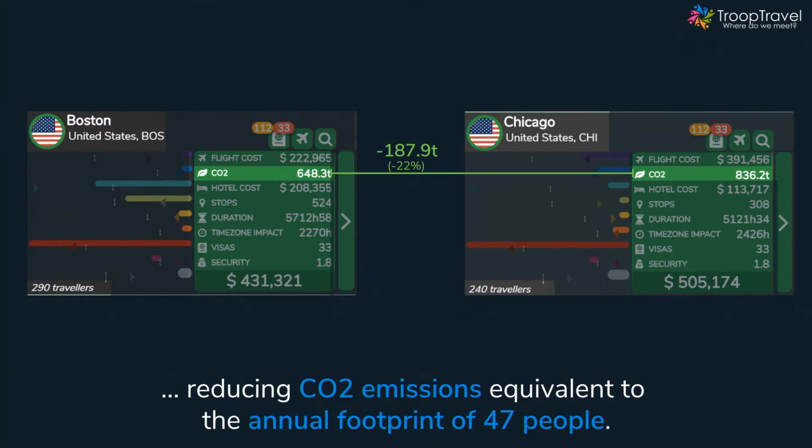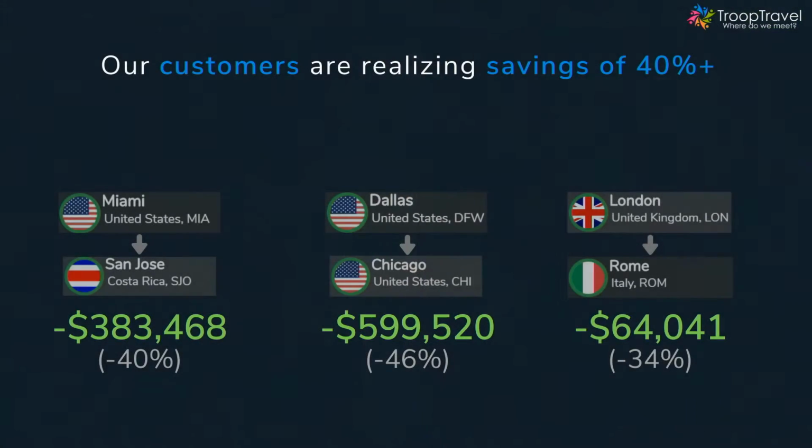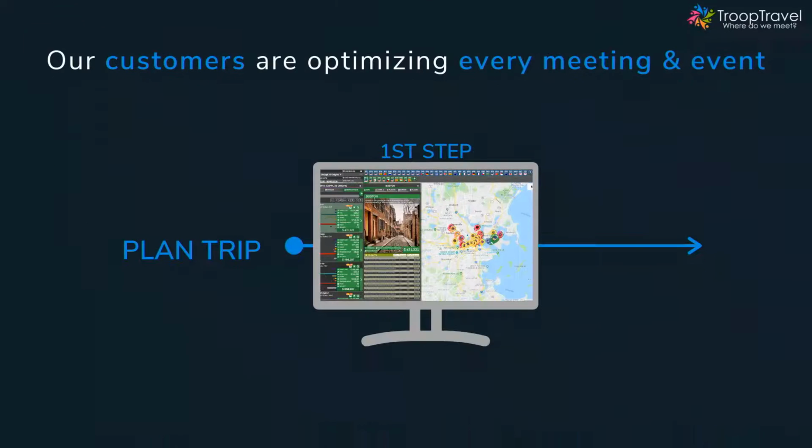So we have seen a lot of this analysis, and actually what we've seen is that we are continuously achieving savings of more than 40% in this analysis by moving people to different destinations. So what happens, our customers love this so much that they are now running every single meeting and event through our platform because they want to make people aware, like, hey, did you take the right decision? Even if you think you know that's the best place.